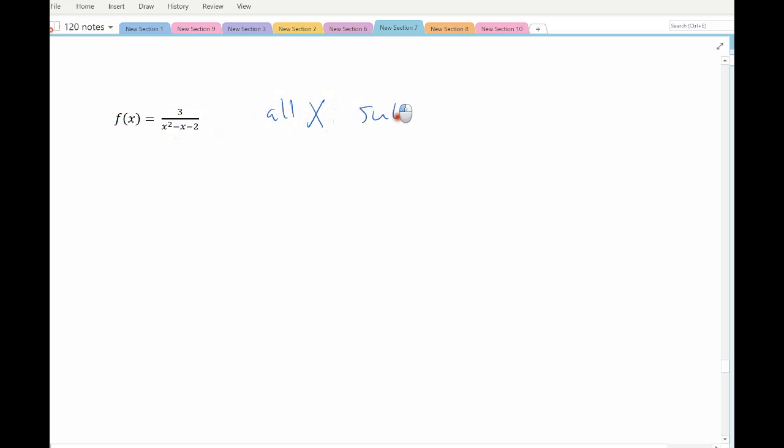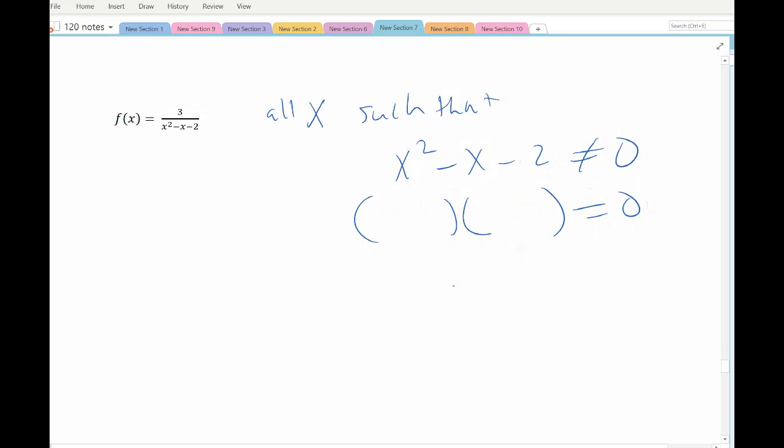We want all x such that x squared minus x minus 2 can't be 0, so we solve for the zeros using the zero product property. I'm going to factor. It's a simple case because of the x squared: x just splits up into x times x, and then what are the factors of negative 2 that add up to negative 1? Well, 2 is prime, so the only thing it can split into is 1 and itself, and one of them is negative and one is positive.